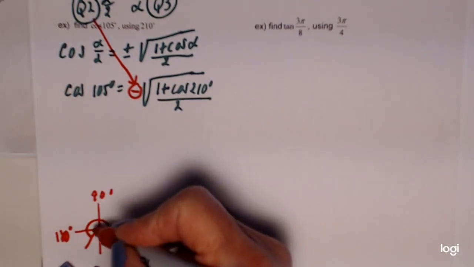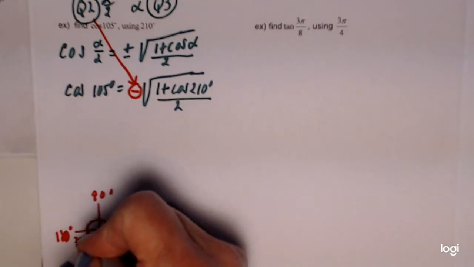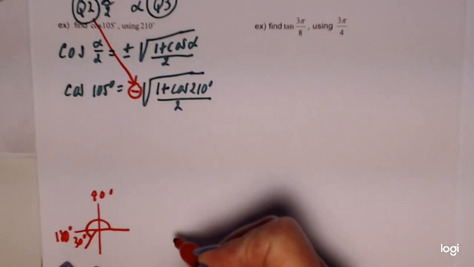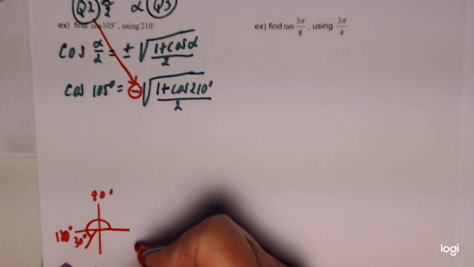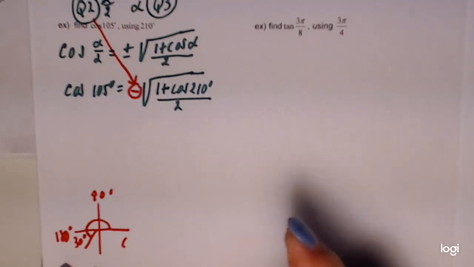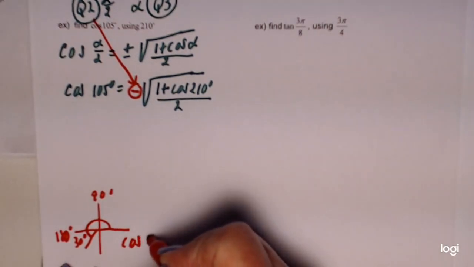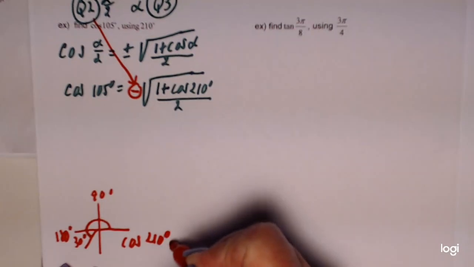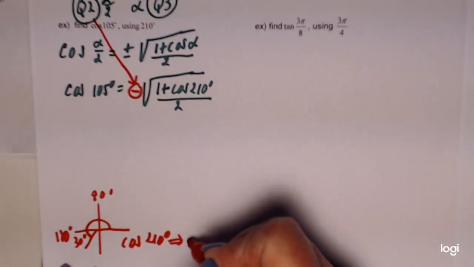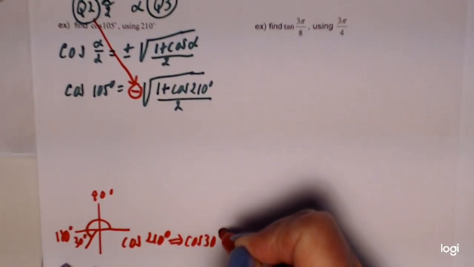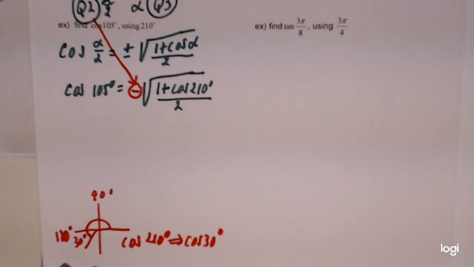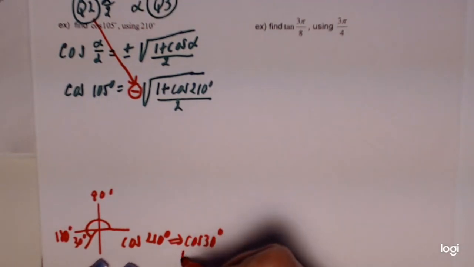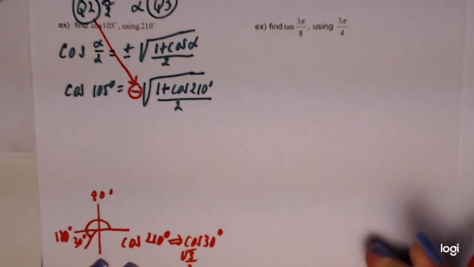So 210 minus 180, our reference angle is going to be 30 degrees. So the cosine of our 210 degrees, to do that, we're going to look at the cosine of 30 degrees. And the cosine of 30 degrees is radical 3 over 2.